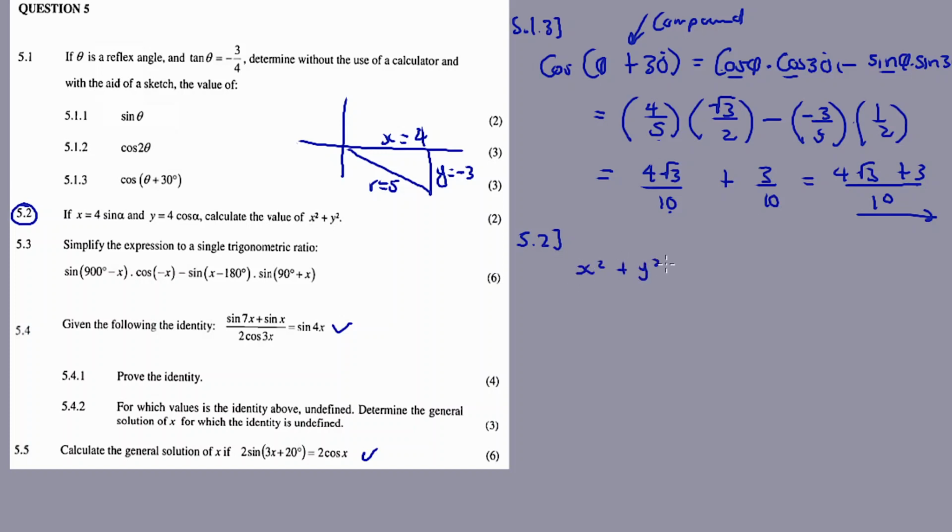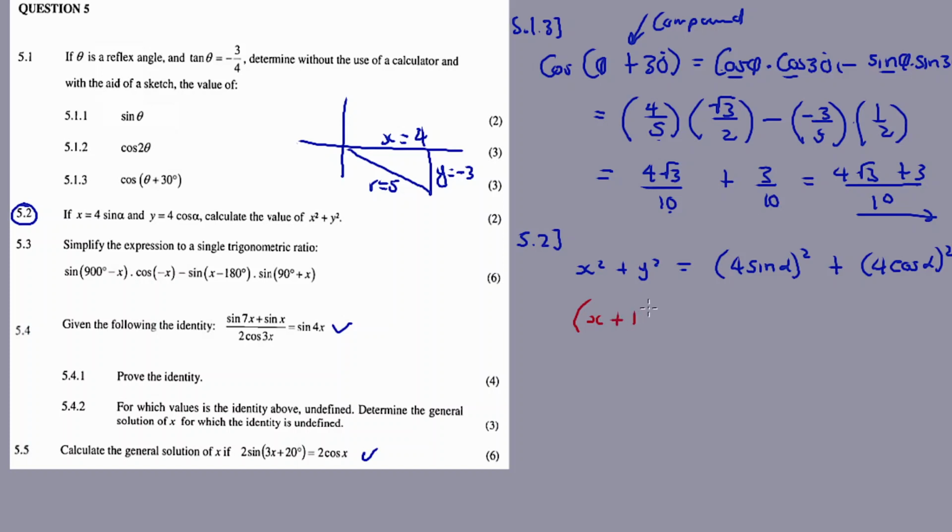X squared plus y squared is equal to, where there's x I put 4 sine theta squared, plus 4 cos theta squared. Something about this question reminds me of something.